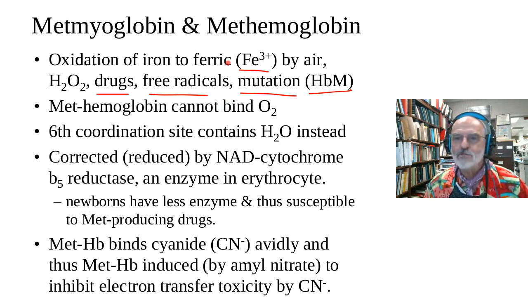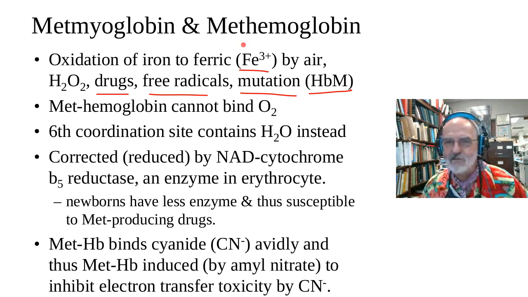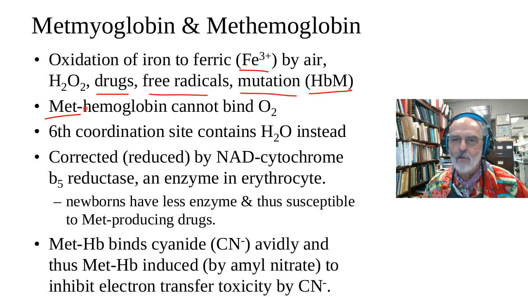So since there's a ligand in the binding site with this iron form, MET hemoglobin cannot bind oxygen. So that's not good. It can't transport oxygen. The sixth coordination site contains water typically.